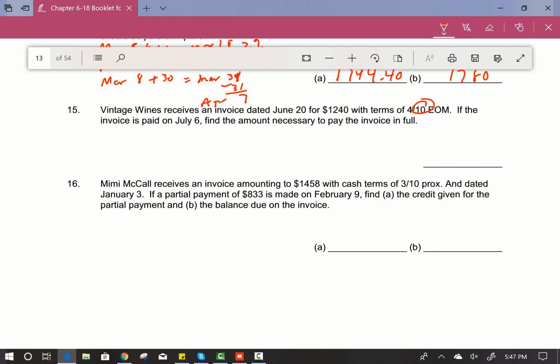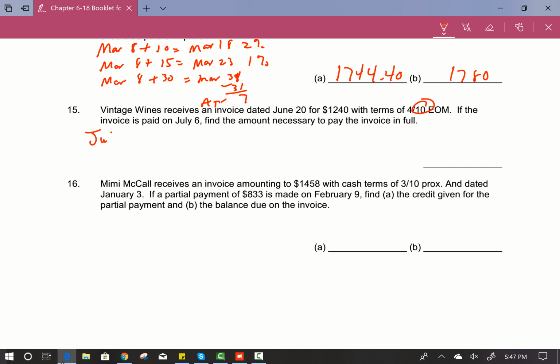So July the 10th is our final discount date. It was paid on July the 6th, so we do get the discount of 4%. So I'm going to take the complement of 4%: $12.40, the invoice amount, times 0.96, which equals $11.90.